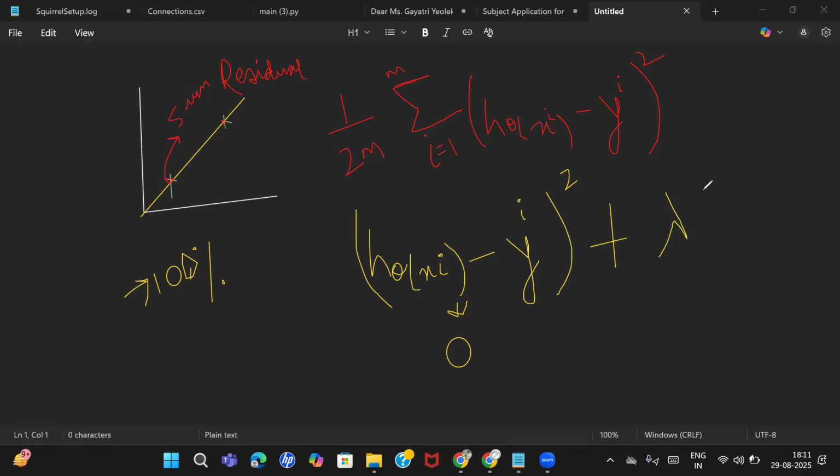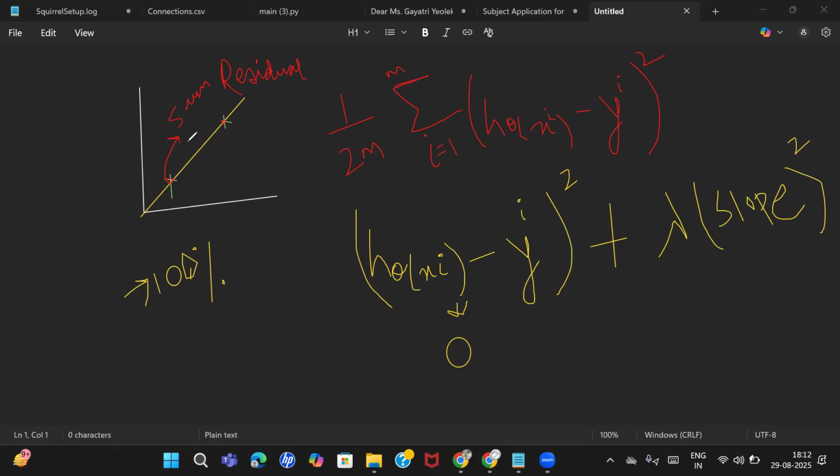So to avoid this situation, we are adding lambda, and we are doing here slope square.